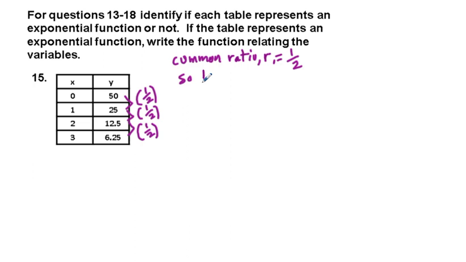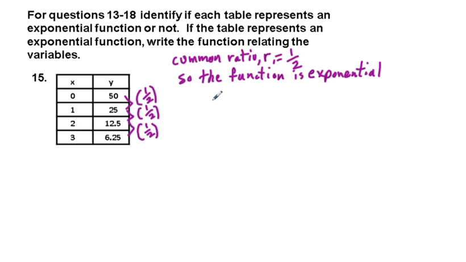So the function is exponential. It's an exponential function not because the common ratio is 1/2, but because there is a common ratio. Next it says, if the table represents an exponential function, write the function relating the variables.